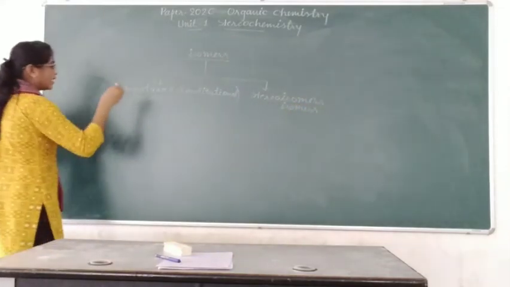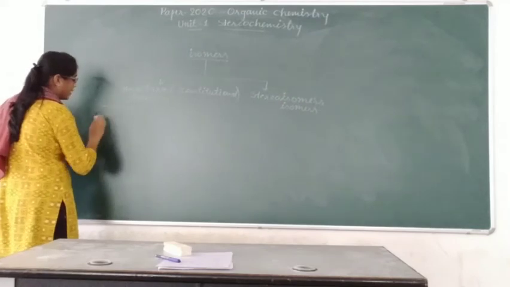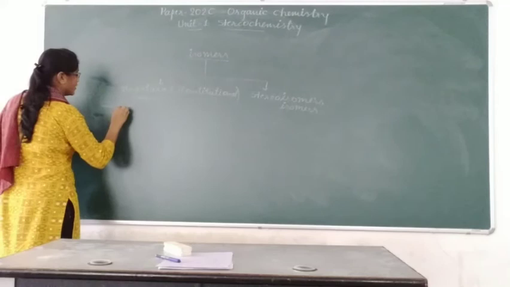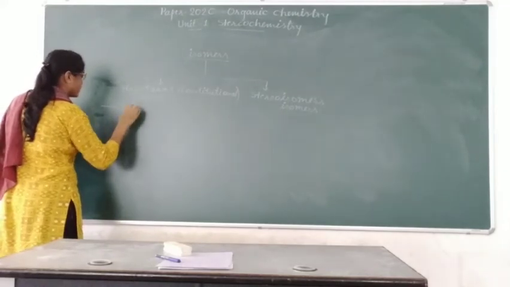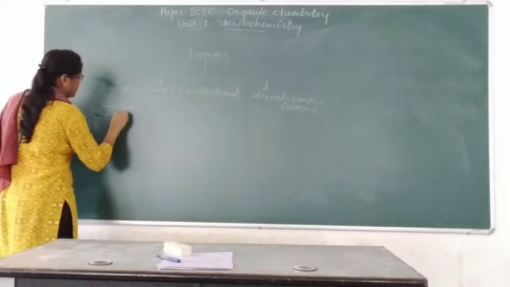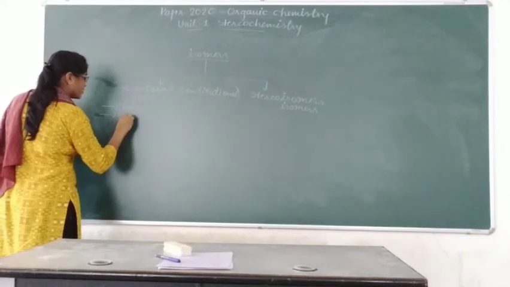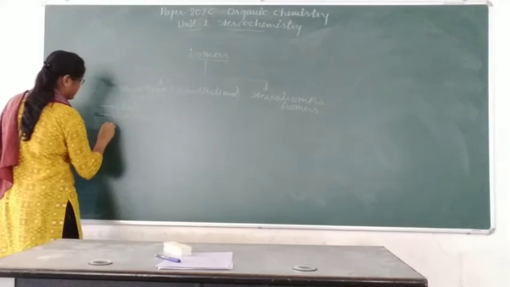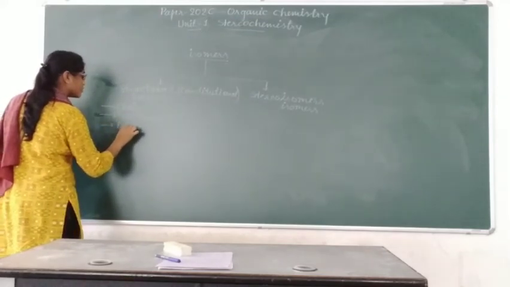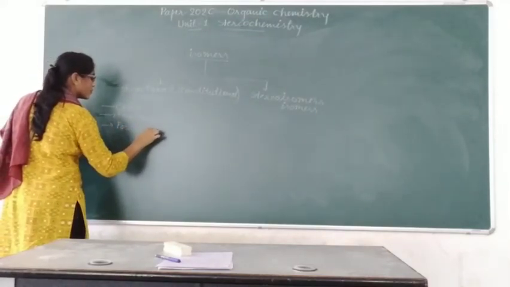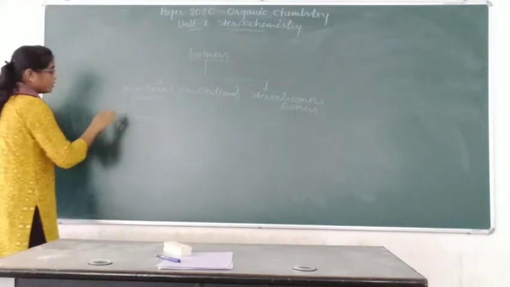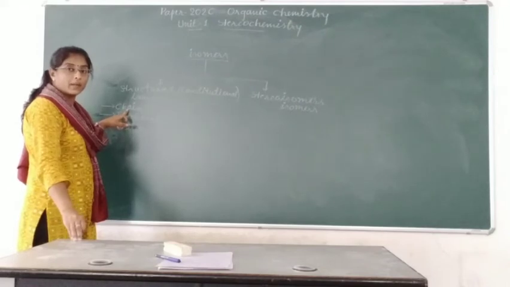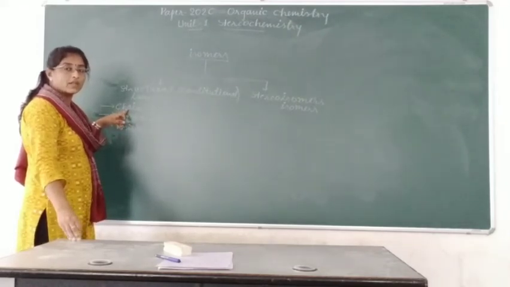So structural isomers, we can say there are many types of structural isomerism, like chain isomers, functional group isomers, positional isomers. Means in chain isomerism they have the same molecular formula but different chain arrangement.